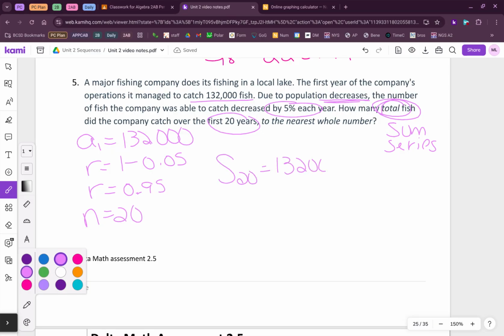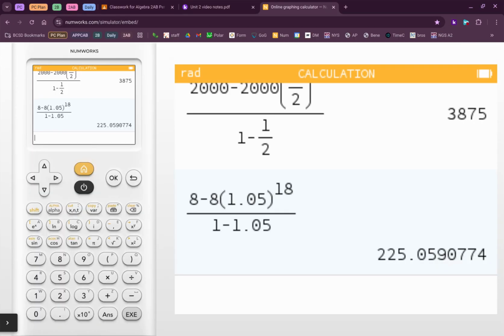Okay, so using our formula. Oof, the numbers are big. Running out of room there. All right, and again, we're rounding to the nearest whole number for ourselves. So let's calculate.